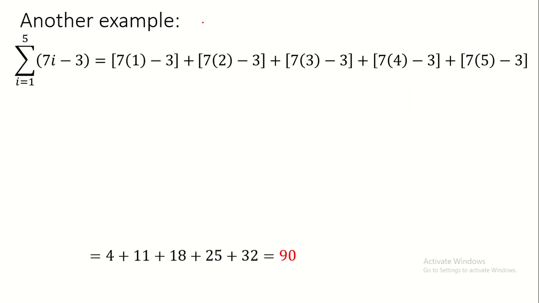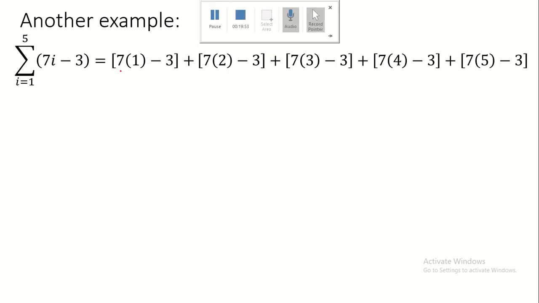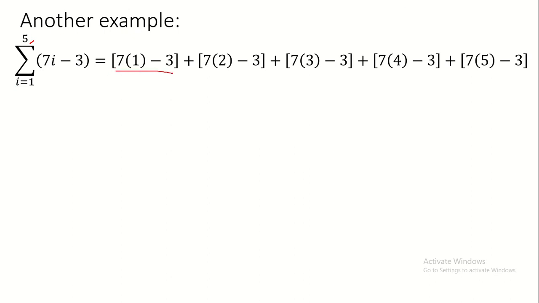So let's have another example. We have the summation of the quantity 7i minus 3 from i equals 1 up to 5. Let's evaluate 7i minus 3 with i values from 1 up to 5. If i is equal to 1, we have 7 times 1 minus 3.